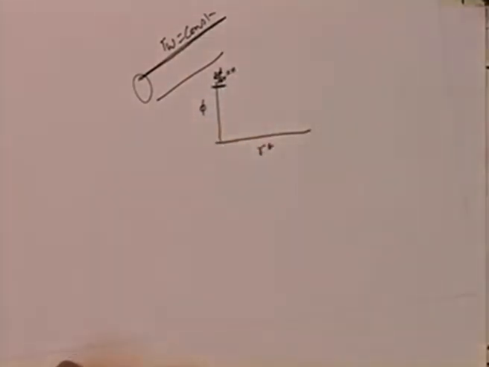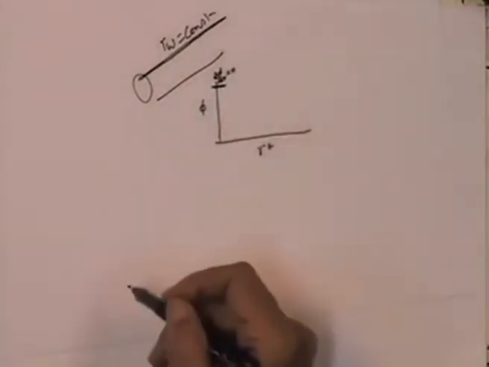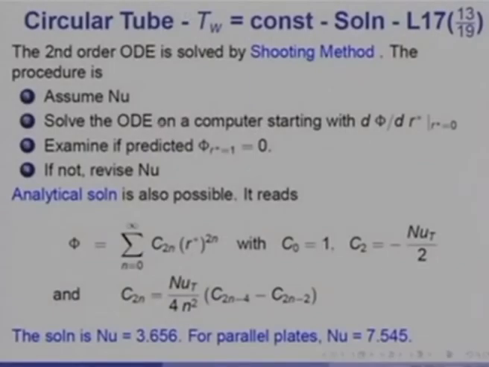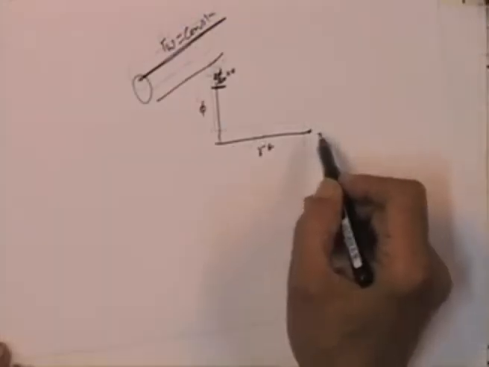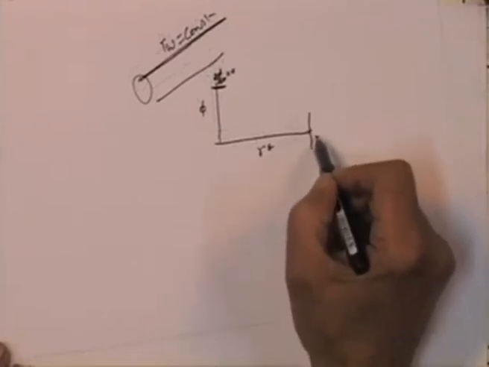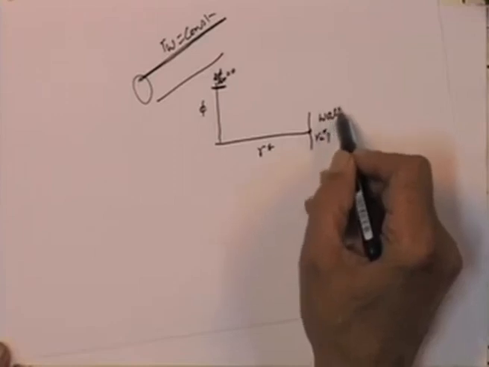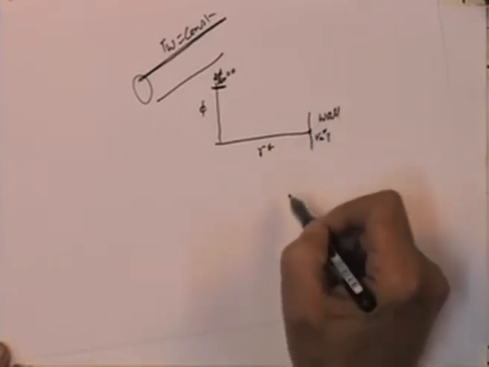It is a dimensionless quantity. So, we assume a value of Nusselt number and solve the ordinary differential equation on a computer perhaps, and you will come up with a value of phi at r* equal to 1, which is the wall, where we want phi to be 0.